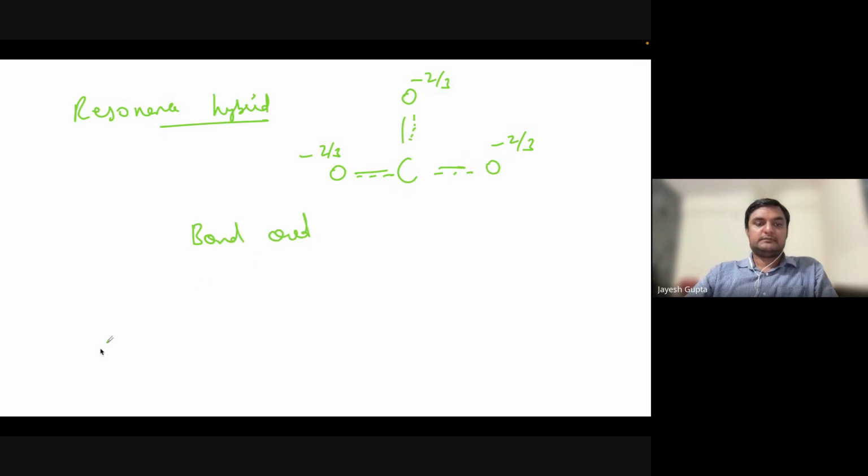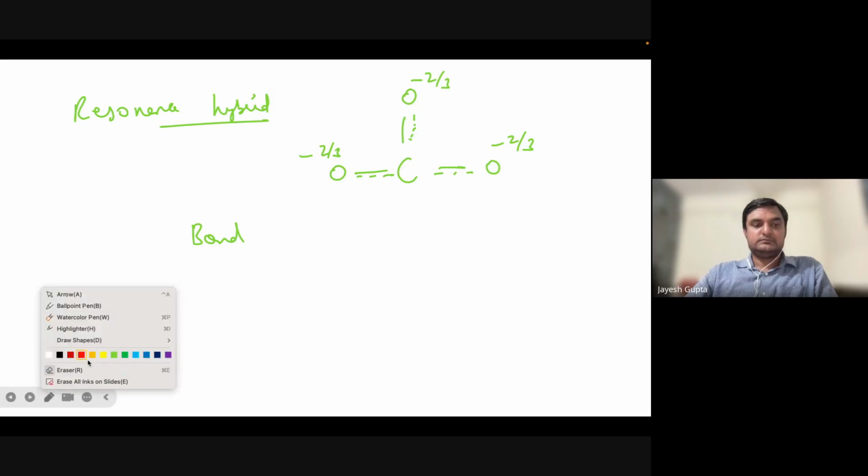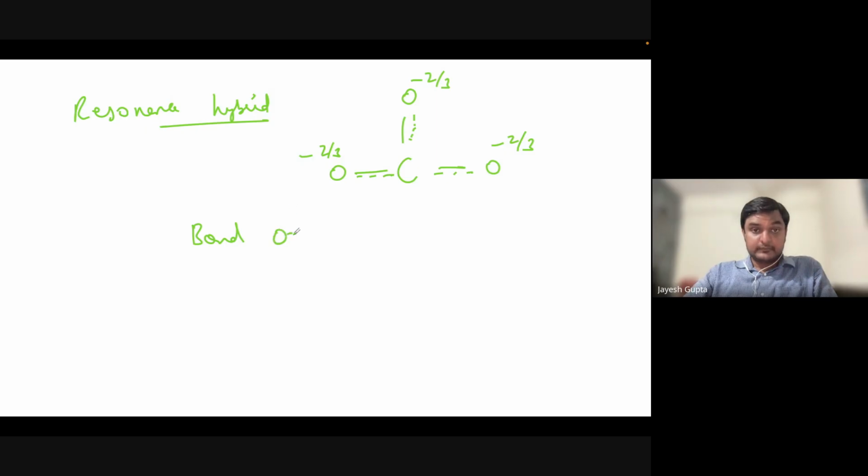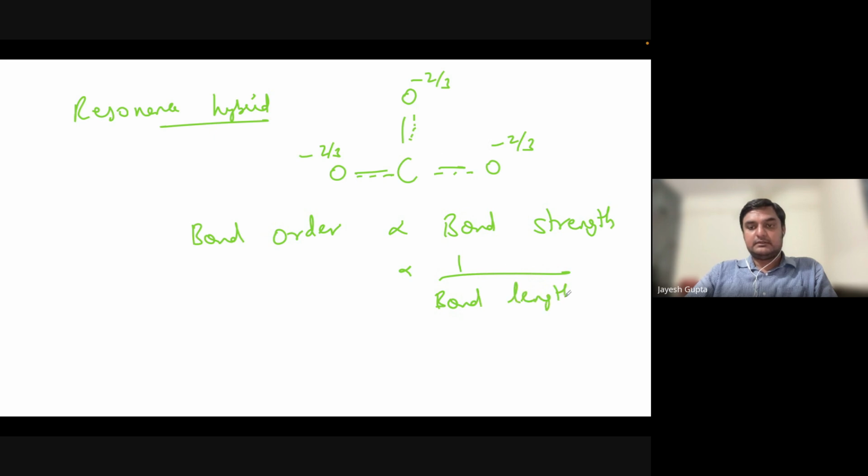Bond order is directly proportional to bond strength, and it is inversely proportional to bond length, like you told. And if I talk about bond energy, the higher the bond order, the more bond energy will be required to break it.